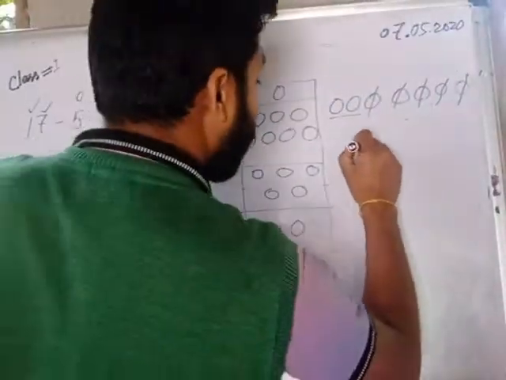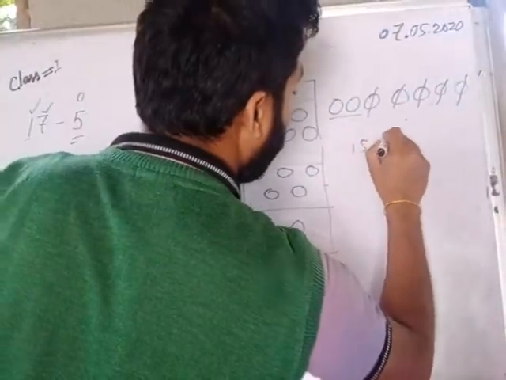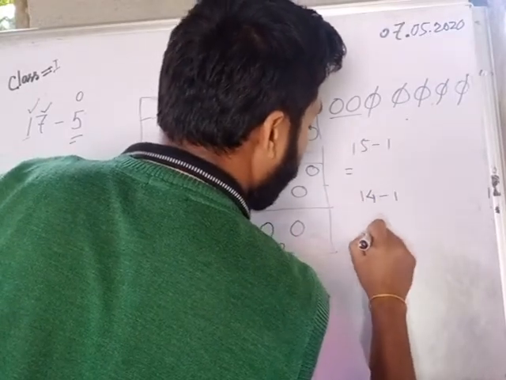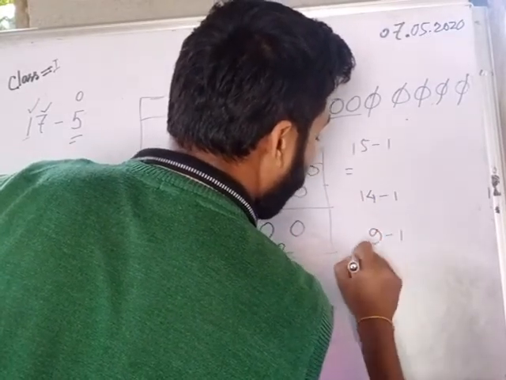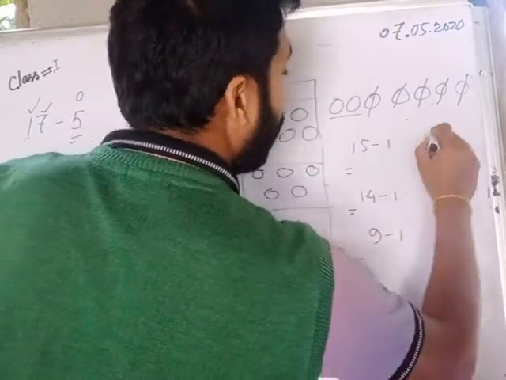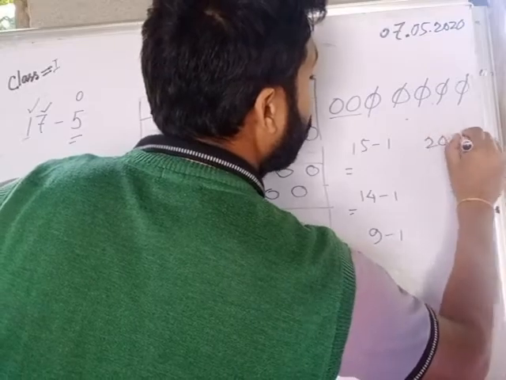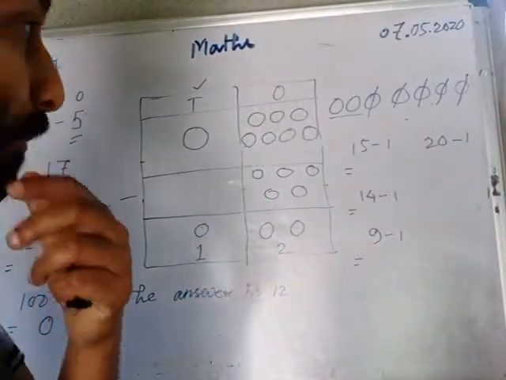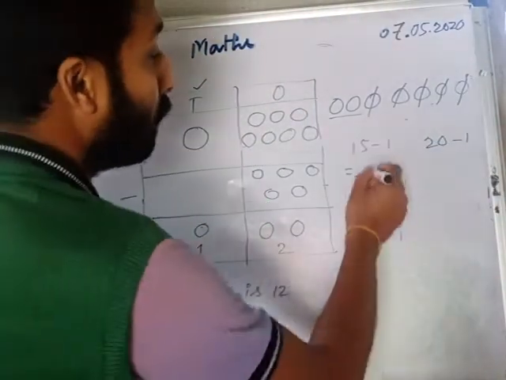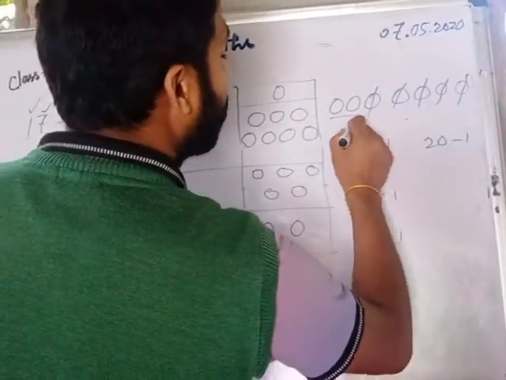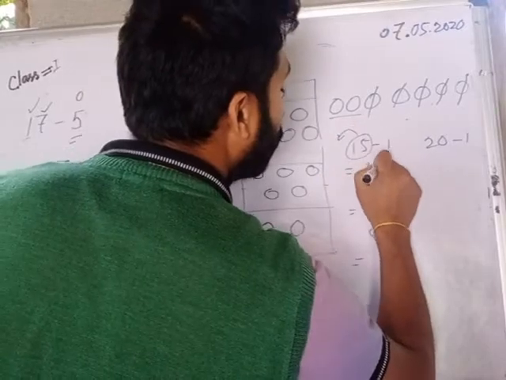If you subtract 1 from any number, that means you should find out just the number before this number. Just before 15 is 14, so we should write here 14.